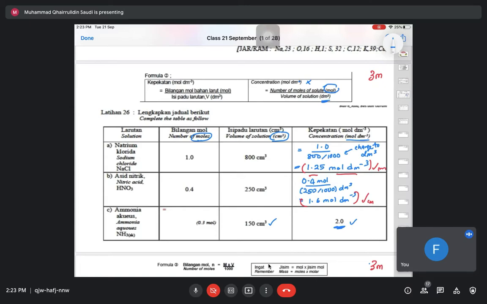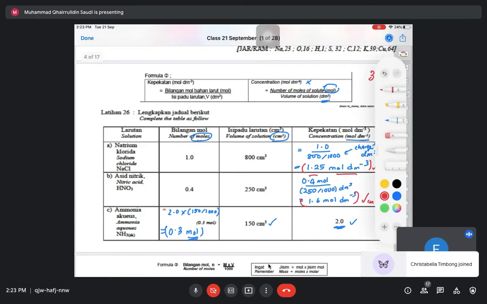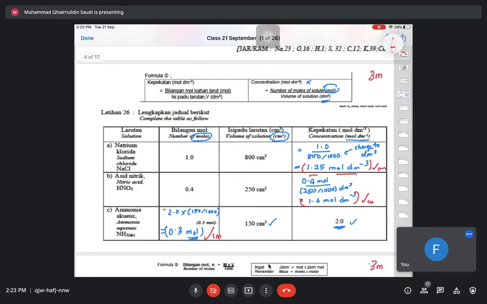The concentration is 2.0 times the volume 150, but remember it must be in decimeter cube, so divided by 1000, and you will get 0.3 mole. The unit mole must be present as well, and then you will get 1 mark. So for this exercise, the total marks will be 3 marks.